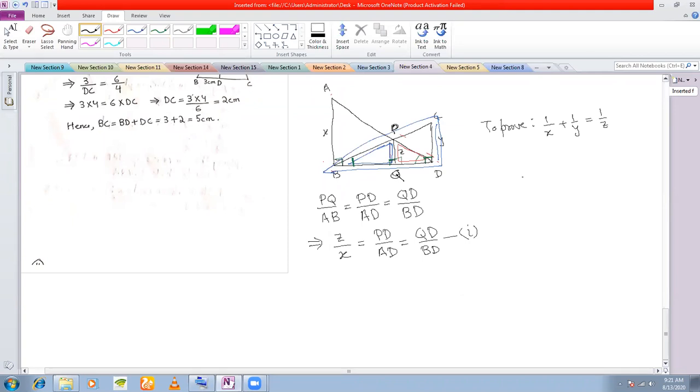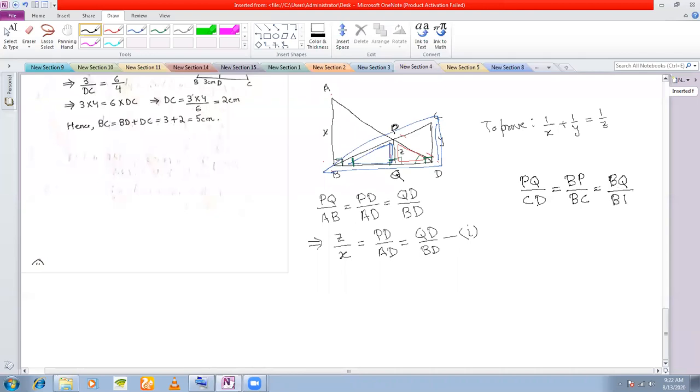So I'm writing the proportional sides. The proportional sides are PQ by CD is equal to BP by BC is equal to BQ by BD.